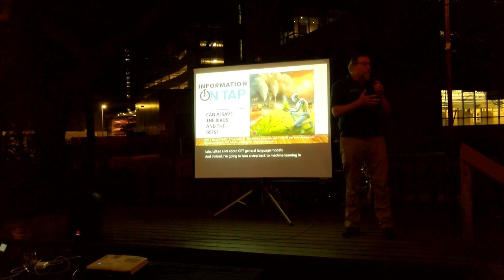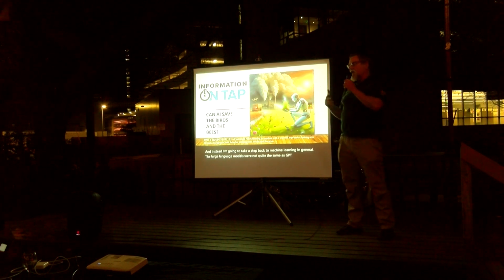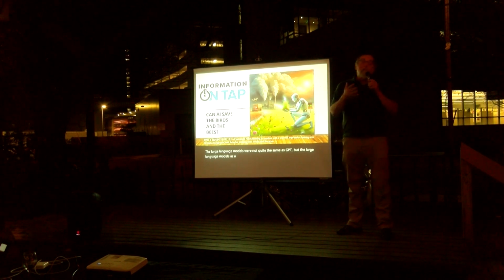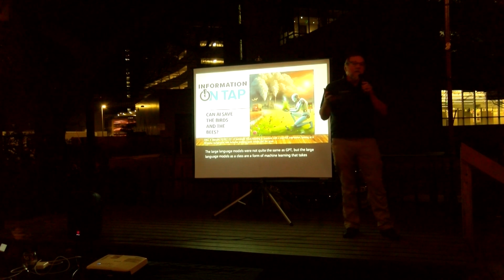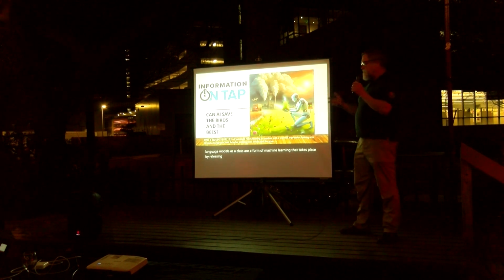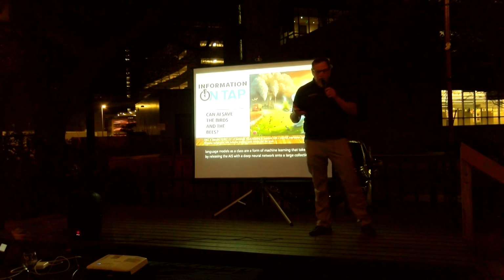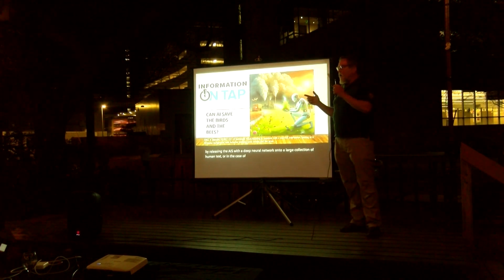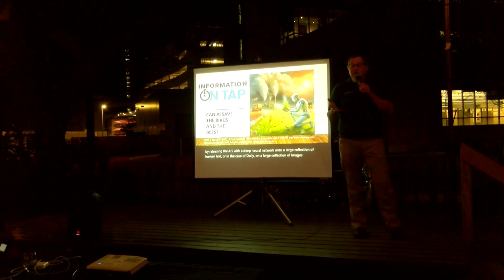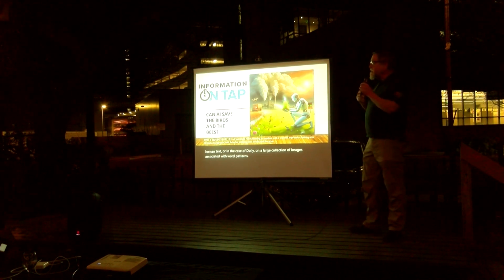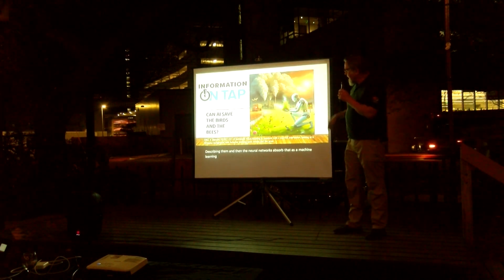The large language models are a form of machine learning that takes place by releasing the AIs, with a deep neural network, onto a large collection of human text, or in the case of DALL-E, on a large collection of images associated with word patterns describing them. And then the neural networks absorb that as a machine learning step. So if we go to the next slide.